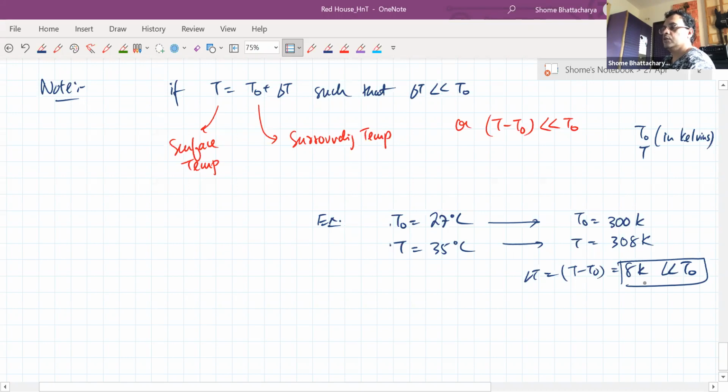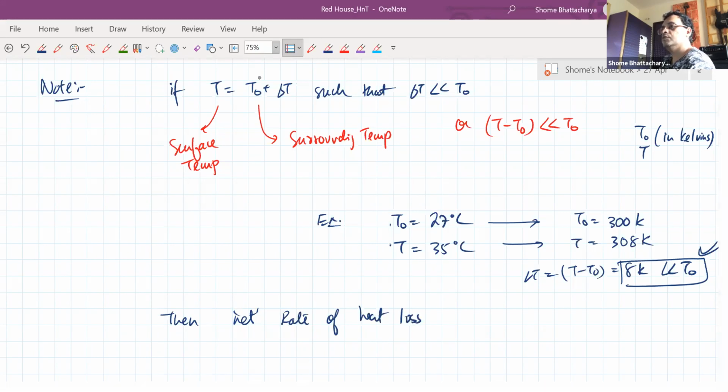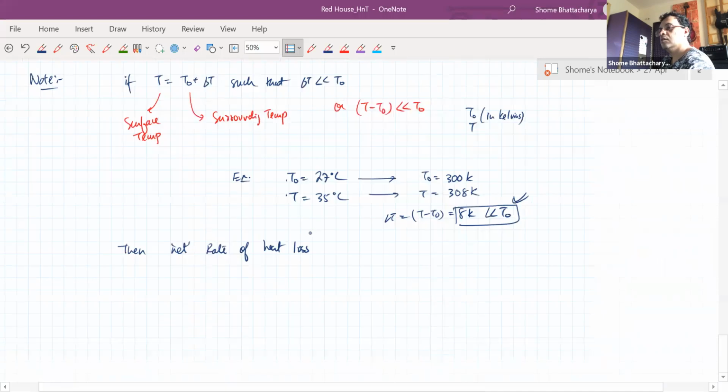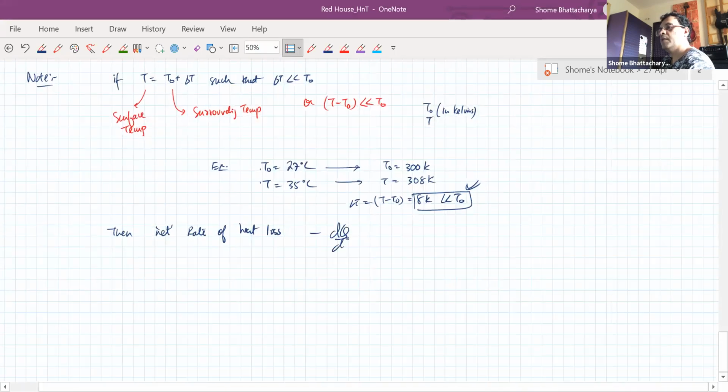So if this happens, then we can apply, then the net rate of heat loss, which we write as minus dq by dt net, which we write as E sigma into surface area into T to the power 4 minus T naught to the power 4.